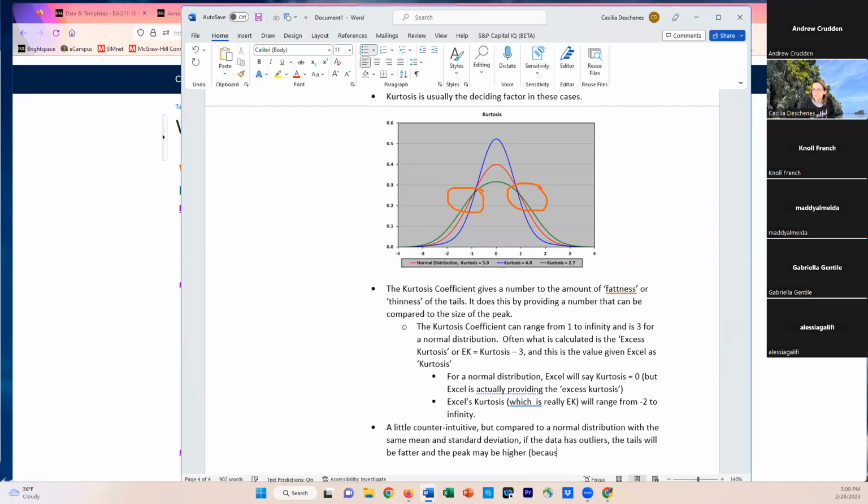And this is because the density or area from the shoulders must be moved to maintain the same mean and standard deviation.